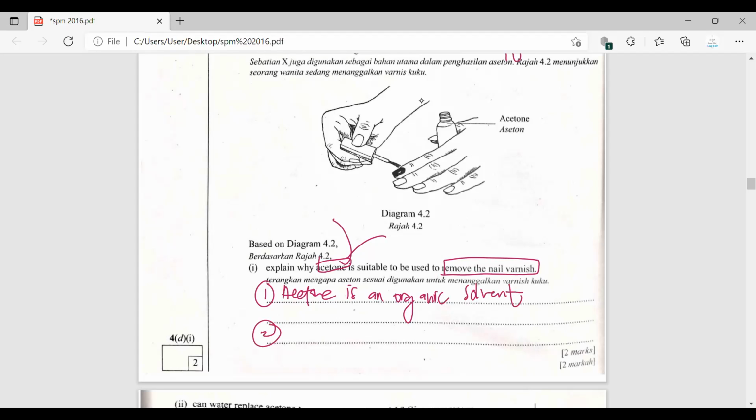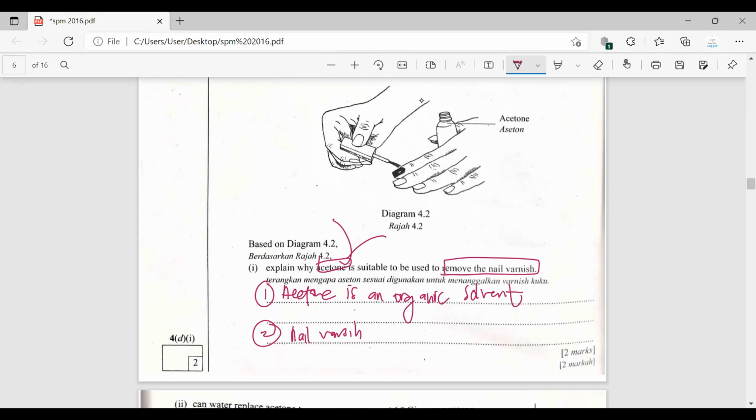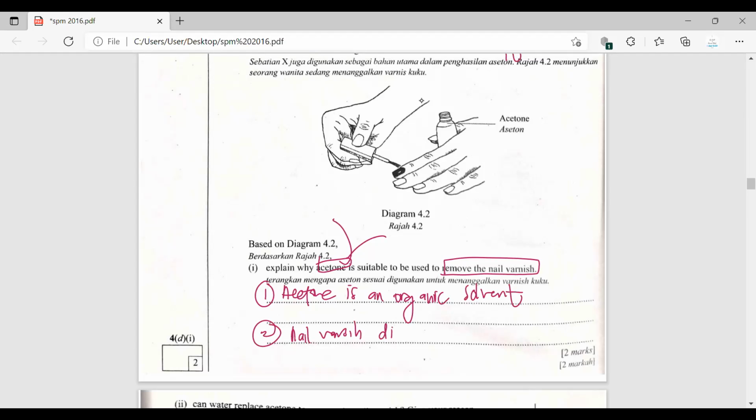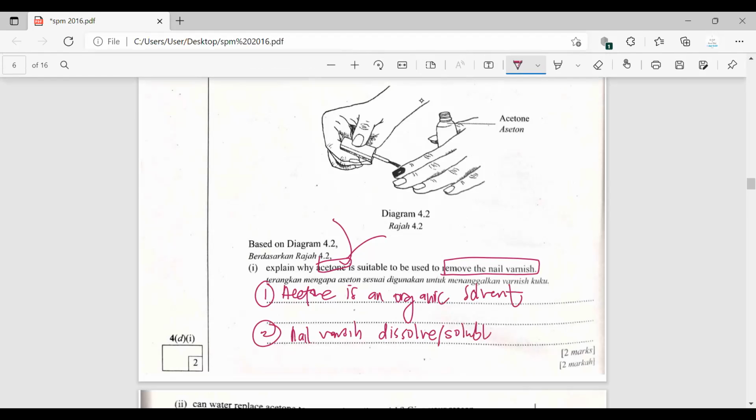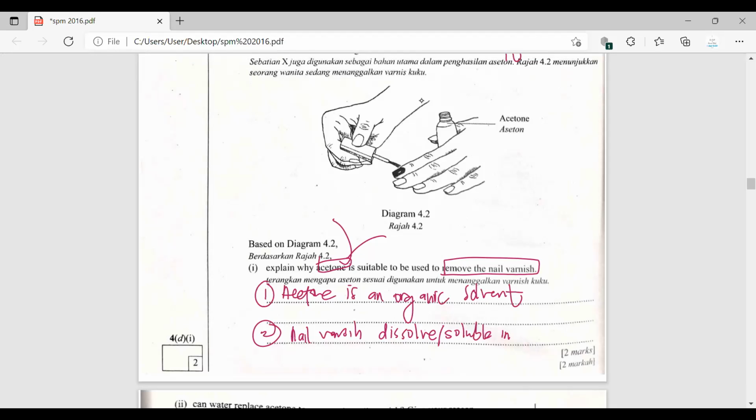Okay, Brandy, say your second mark just now. Nail varnish is soluble in organic solvent. Very good.